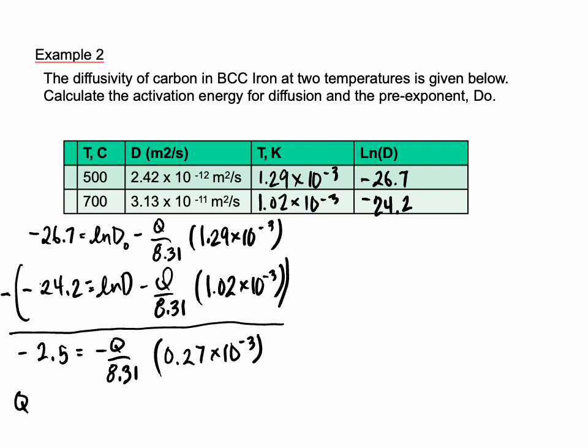So Q is equal to 2.5 times 8.31 divided by 0.27 times 10 to the negative 3.